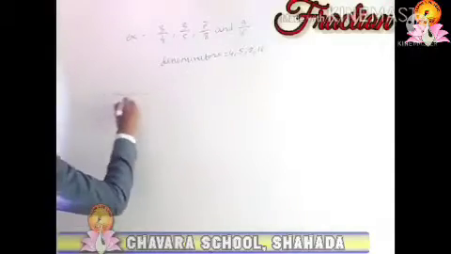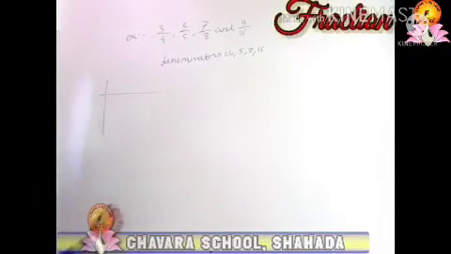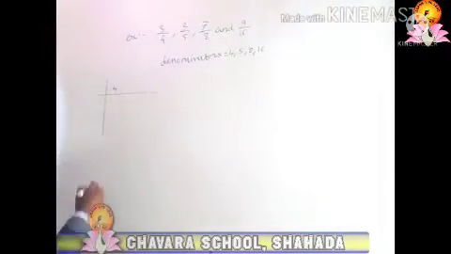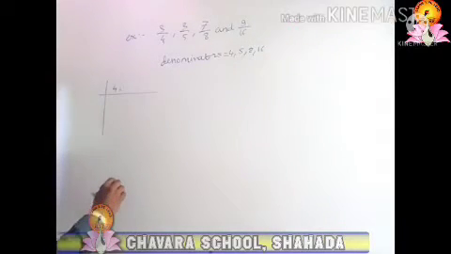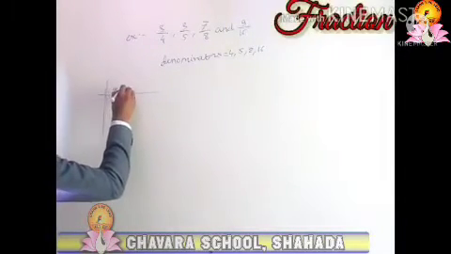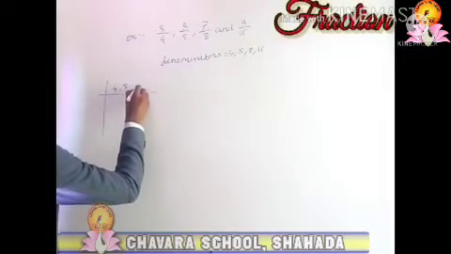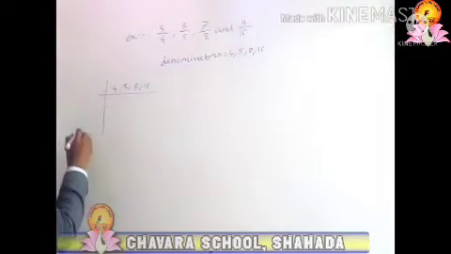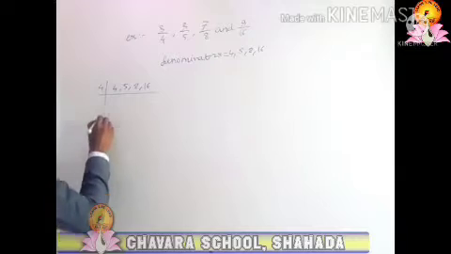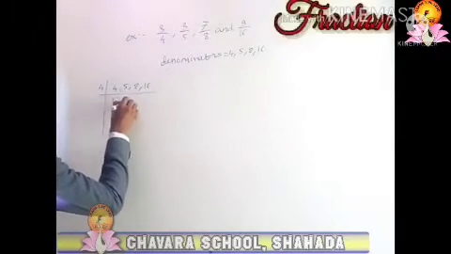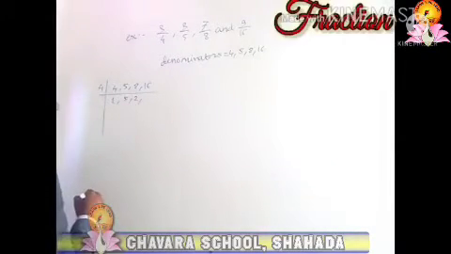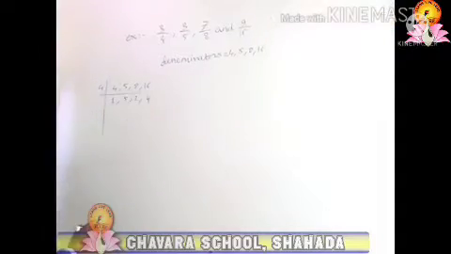To find the LCM of the denominators, as I taught in the beginning of this lesson in the first part, how to find the LCM of the values, by that same method we will find the value. So 4 ones are 4, 5 will be as it is, 4 twos are 8 and 4 fours are 16.